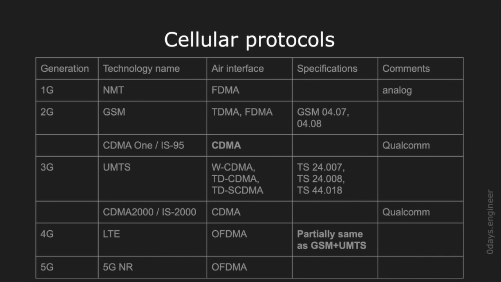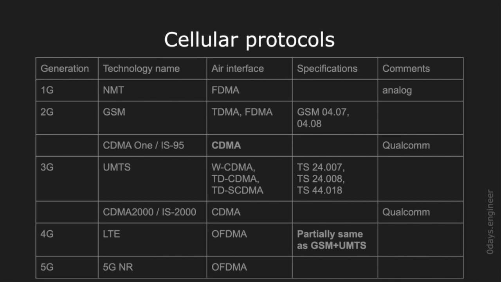And instead of dividing the spectrum in time slots and dividing the protocol in bursts, CDMA uses pseudo-random codes that are assigned to mobile phones, so that this code can be used as an additional randomizing mask against the modulation protocol, and multiple user equipments can talk on the same frequency without interrupting each other. Notable here is that CDMA was developed by Qualcomm, and it was mostly used in the United States.